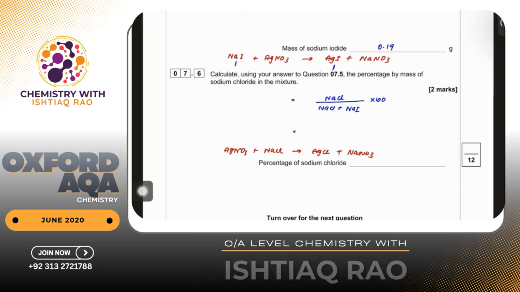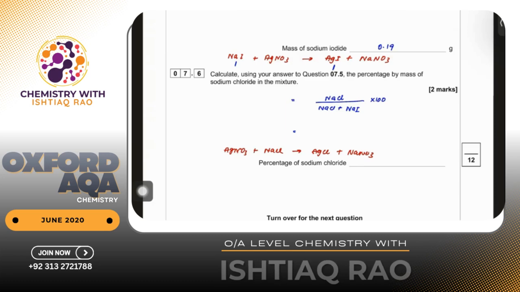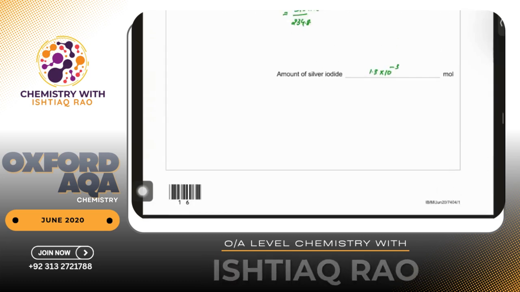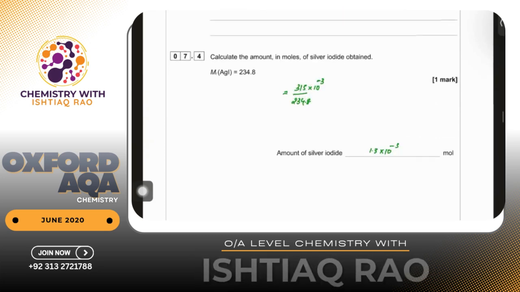What is the number of moles, by the way? The number of moles of silver iodide, 1.3, right?